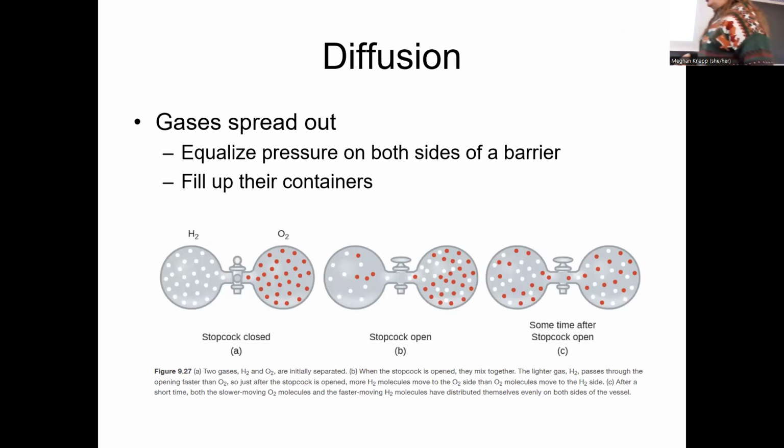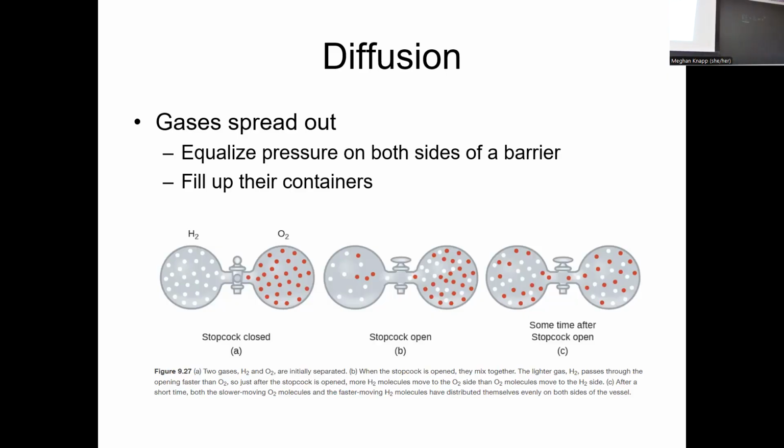So in this picture, what I have are two flasks that are joined in the middle, but right now it's closed. On one side, I have hydrogen molecules. On the other side, I have oxygen molecules. And if I just open the valve between the two of them, naturally the molecules are going to spread out into the other container.